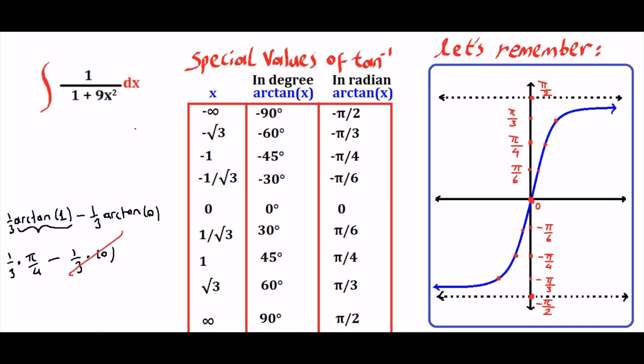So this is 0, and 1/3 times pi over 4 is pi over 12. So the integral from 0 to 1/3 of this integrand is pi over 12.